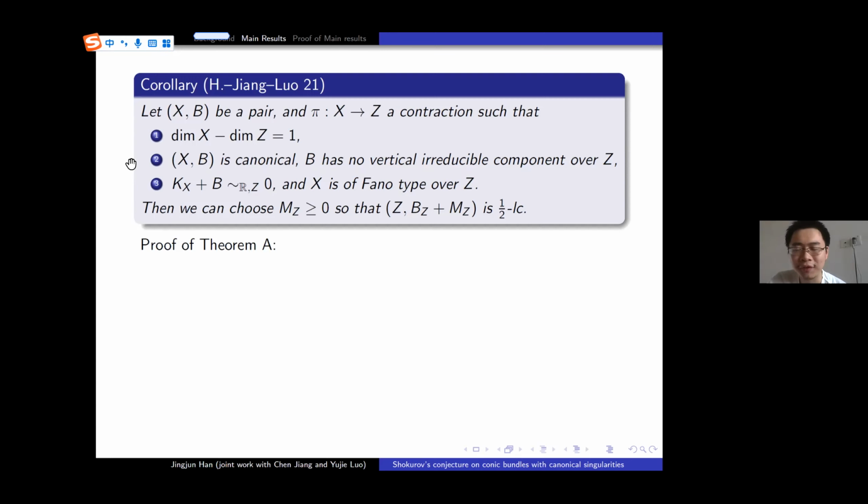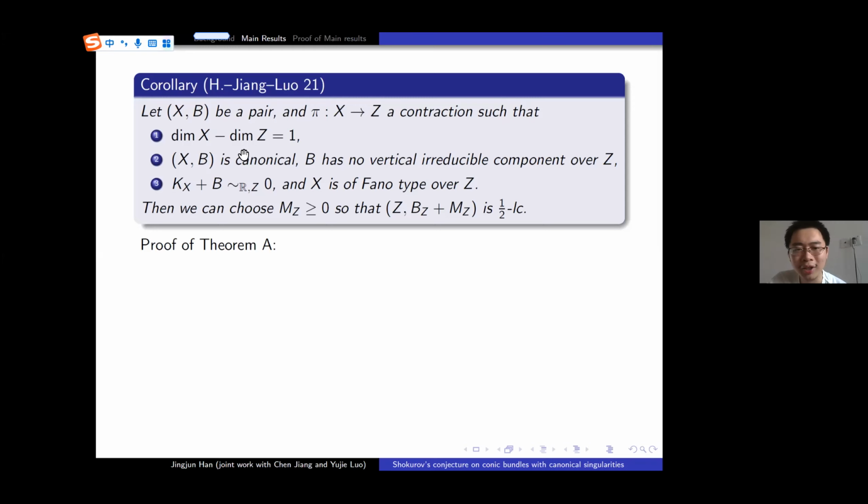So if we adopt the notation in our previous slide, the MLD is larger than or equal to 1. For the local setting, you can see that this assumption is stronger than the assumption on the relative pair setting.